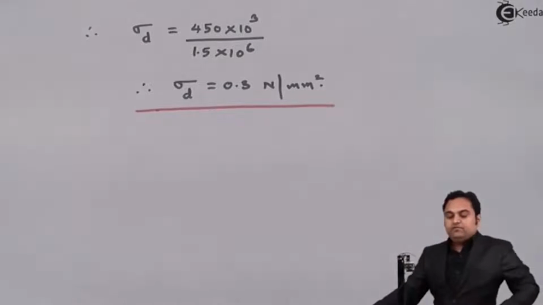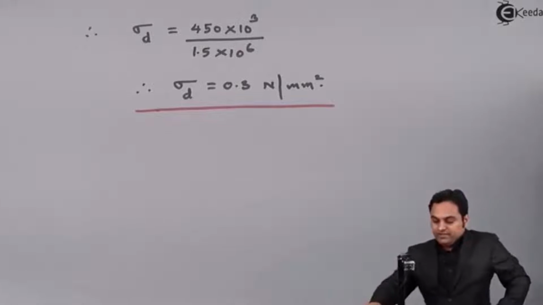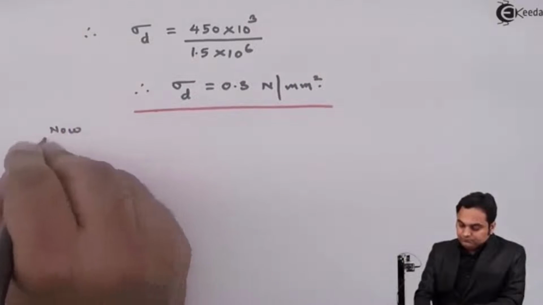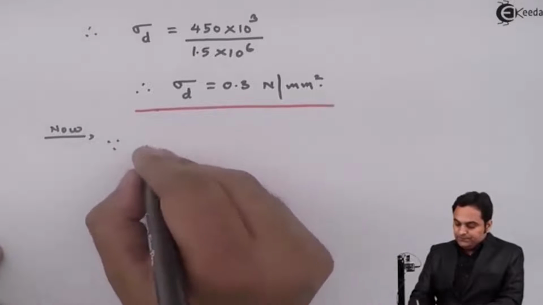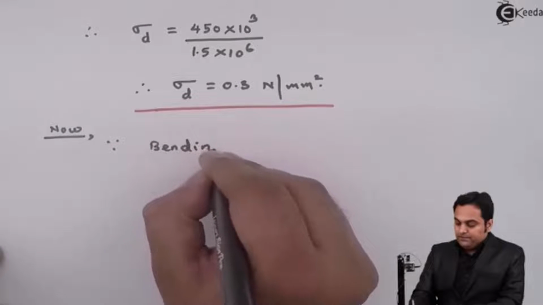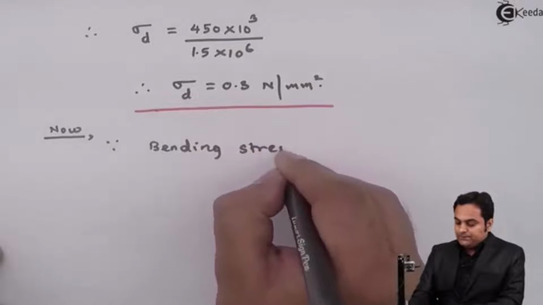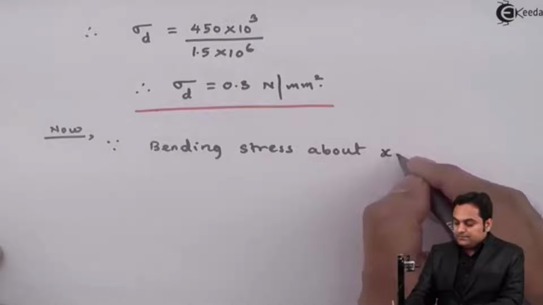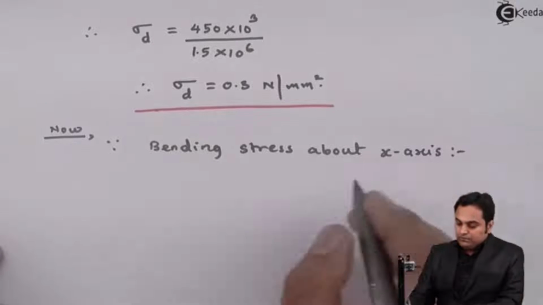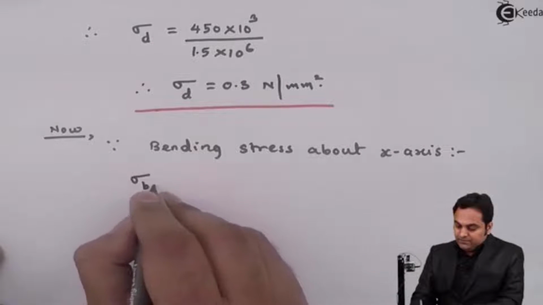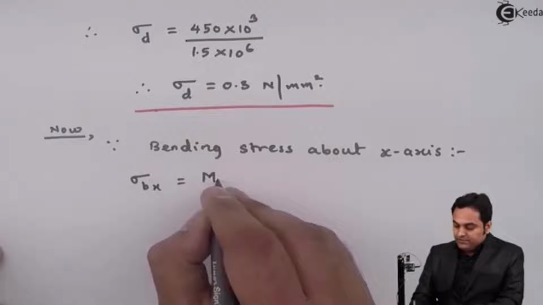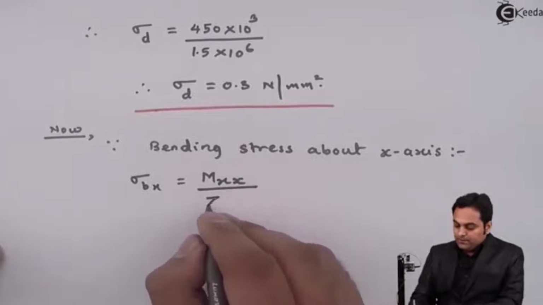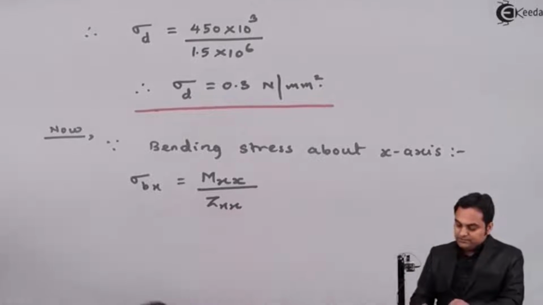Next we have to find bending stress, and here I'll say that bending stress about x-axis, that will be sigma bx is equal to bending moment about x-axis upon section modulus about x.